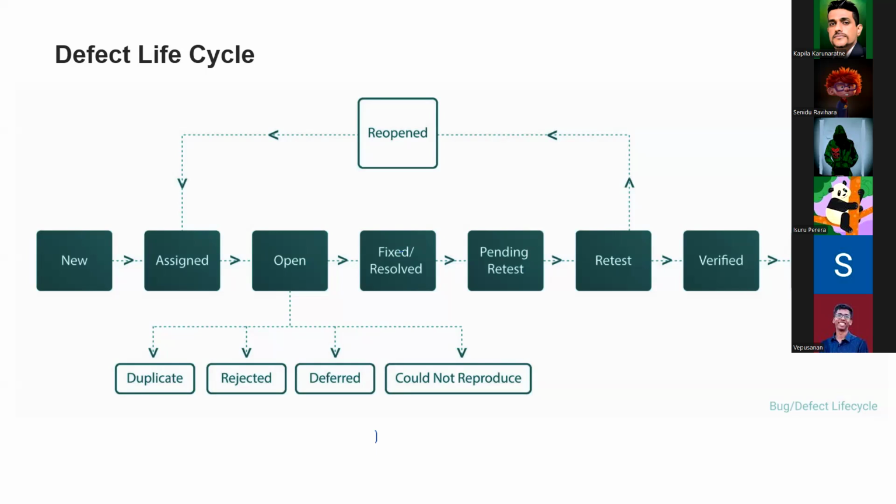It's a collaborative agreement. Once everybody agrees it's a defect and has to be fixed, the developer has to fix it. If everybody agrees it's a wrong defect, then QA needs to accept that. Based on the root cause, they need to correct or update the test case or correct the execution. That's how it will be.